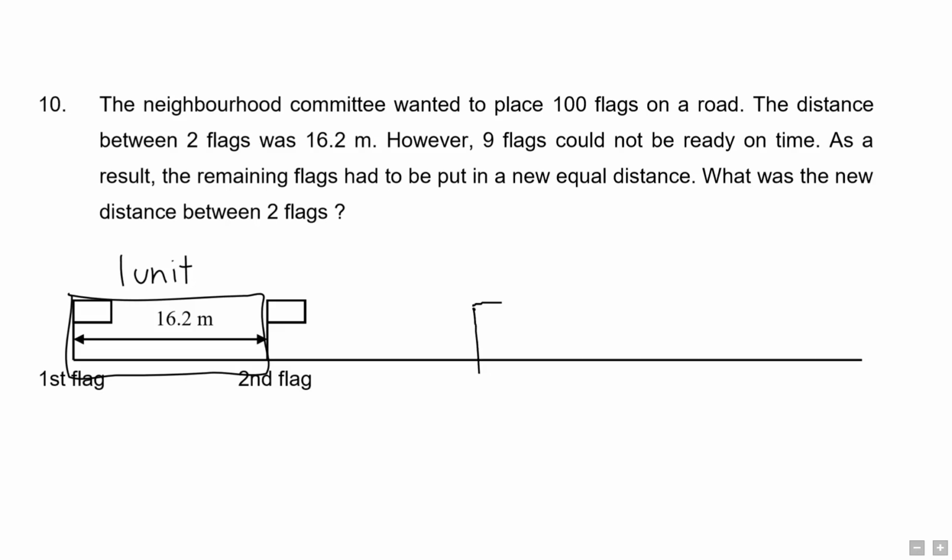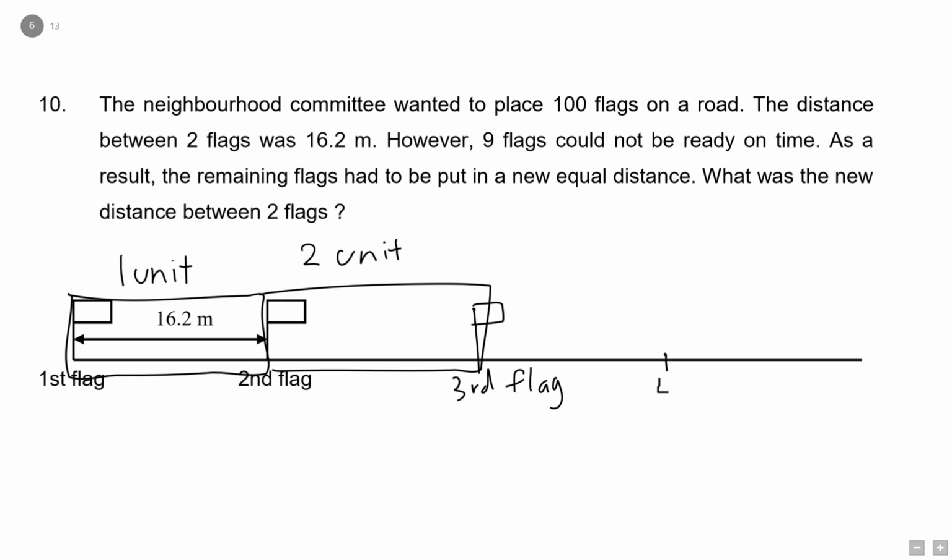I can also draw a third flag. And for 3 flags, you will notice that this becomes a second box, a second unit. I can also draw a 4th flag. And if I have 4 flags, you notice there will be altogether 3 units.